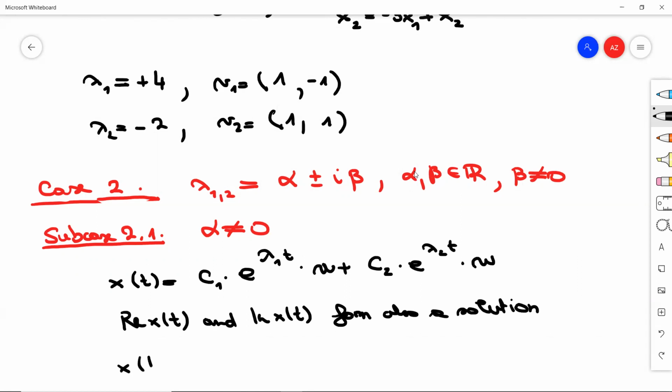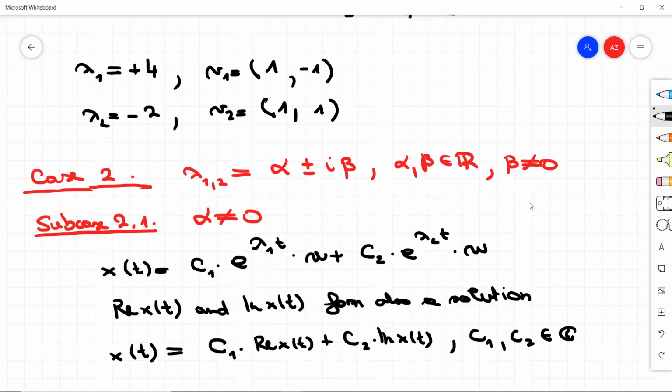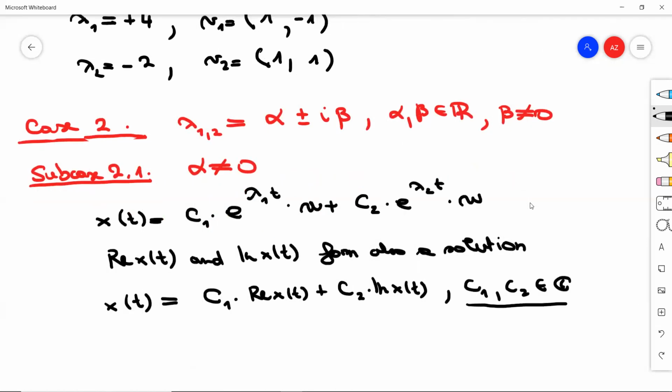Then x of t can be written as c1 times the real part of x of t plus c2 times the imaginary part of x of t, and c1 and c2 are allowed to be complex. As c1 and c2 go over all complex numbers, all solutions are described.